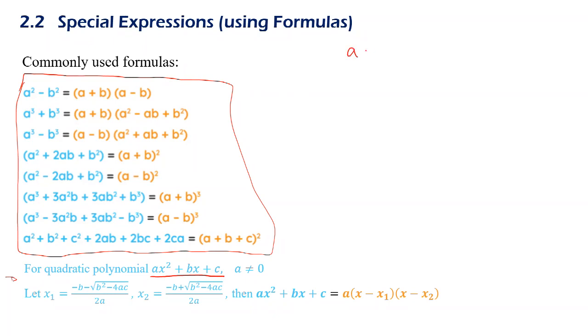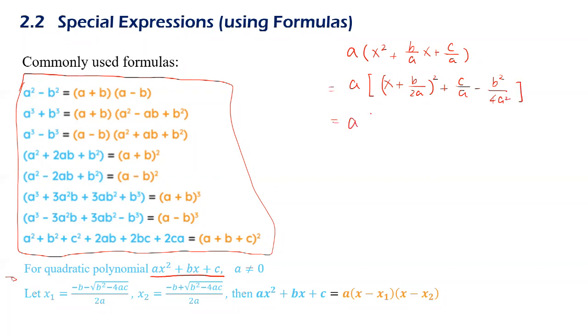So we can write it like a times x squared plus b over a x plus c over a, and then a times x plus b over 2a squared plus c over a minus b squared over 4a squared.